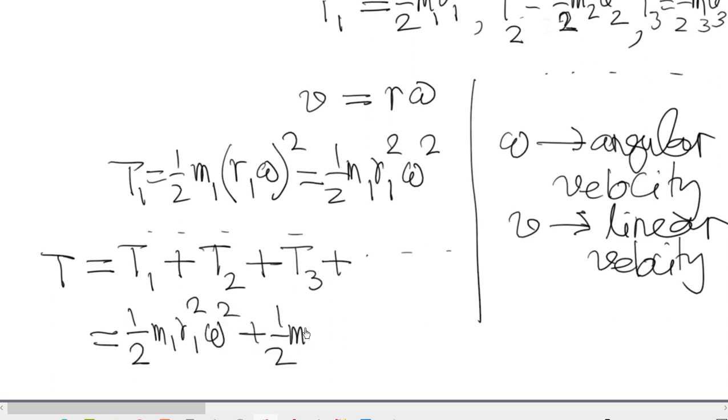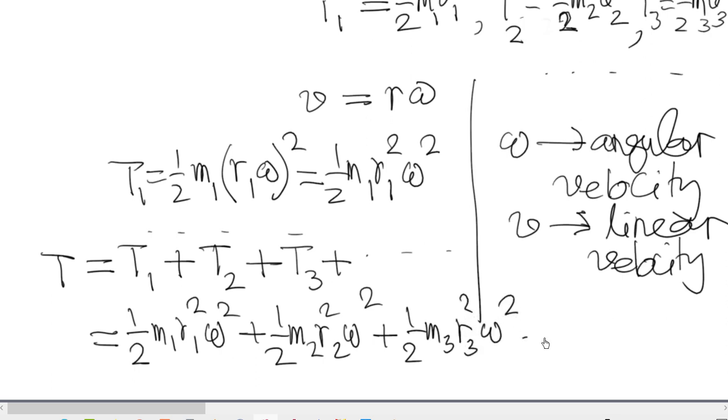Similarly, you can write down for the particle with mass m2 as half m2 r2 square omega square, and half m3 r3 square omega square.